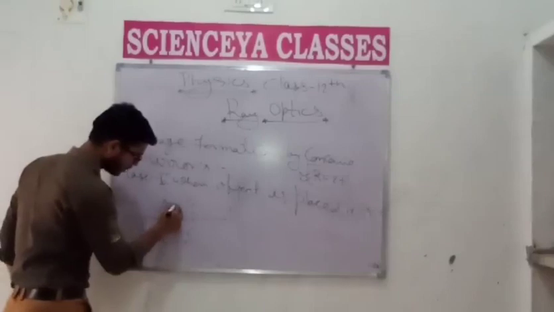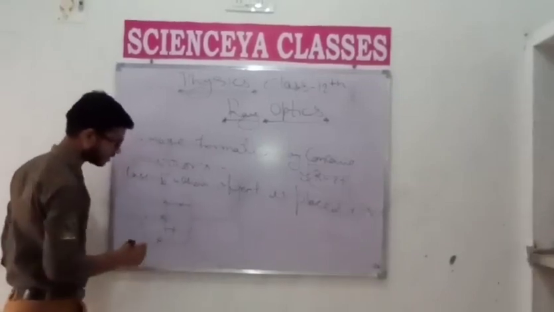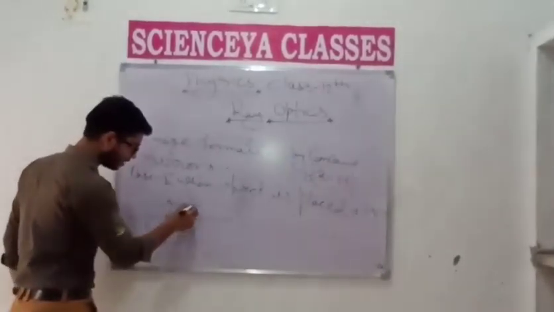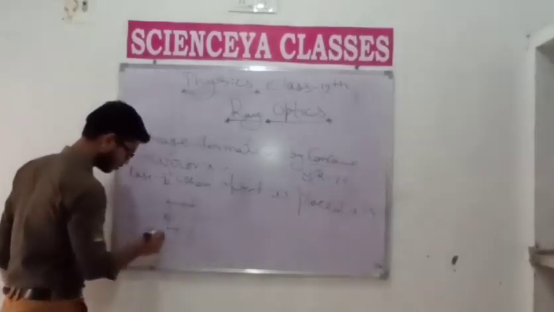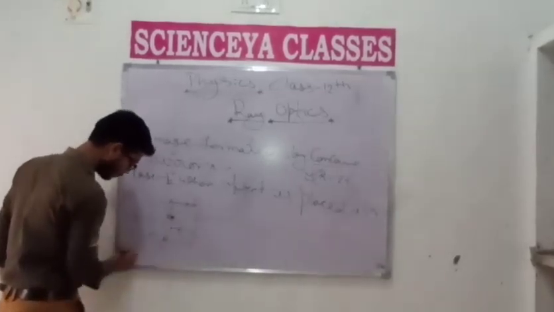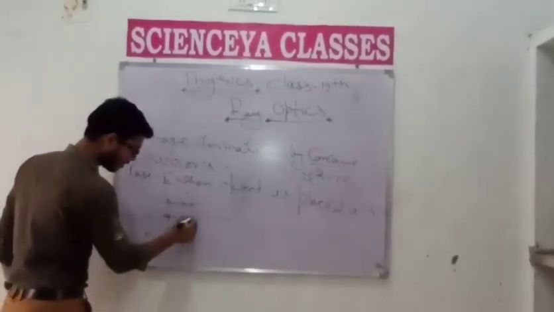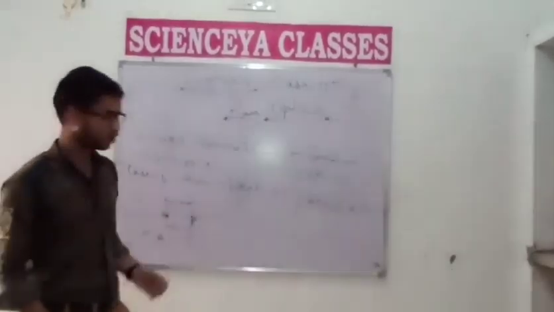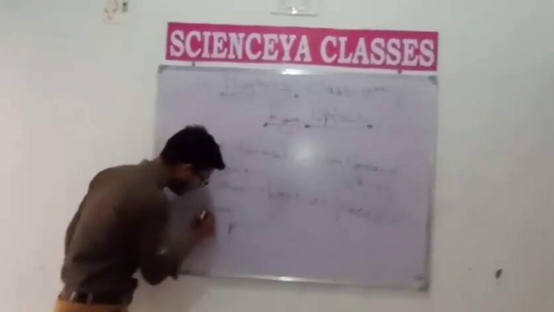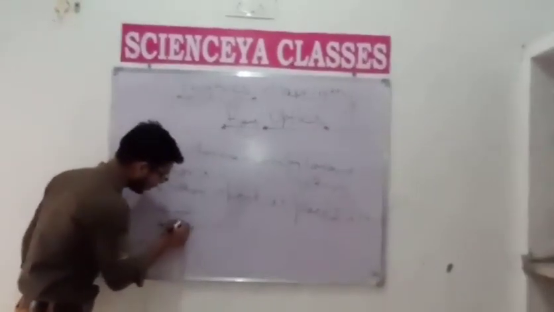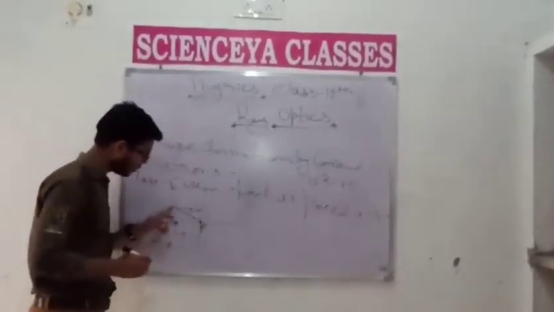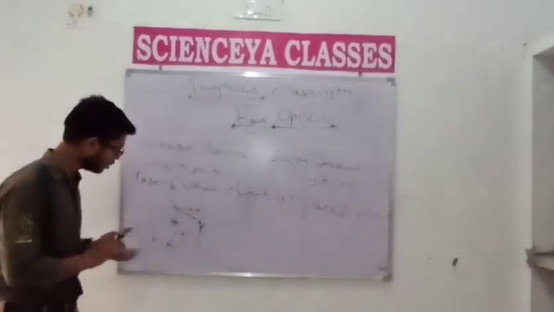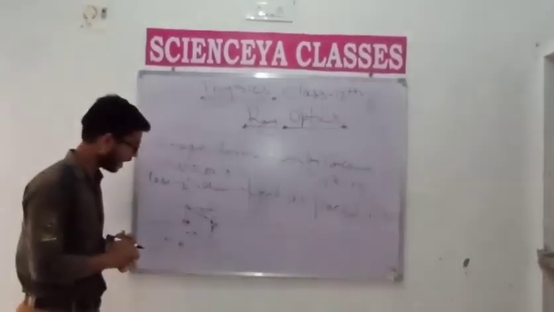So student, the rays that are parallel to the principal axis must pass through the focus after reflection. And we take the fourth ray here. We must pass our ray through the pole, because we didn't take a ray passing through the focus, as the object is placed at focus.